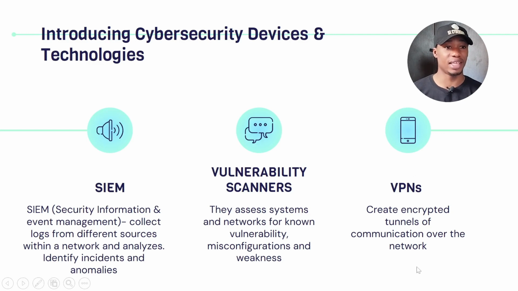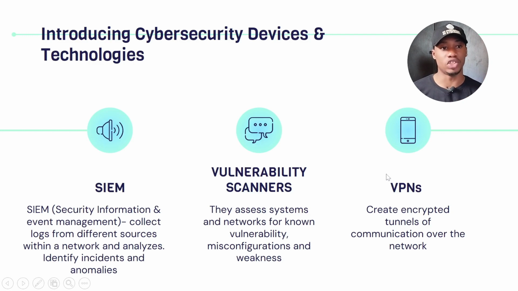Then there's VPN. I'm sure everyone knows what VPN is. This is virtual private networks. It creates an encrypted tunnel of communication over the network. So some people use VPNs in their workplaces. For example, if you are working outside your environment, maybe you work in the bank and you're not in the building, then for you to access certain systems or certain portals in the bank, you need to be on a VPN, and the VPN must be pointing to a particular location.